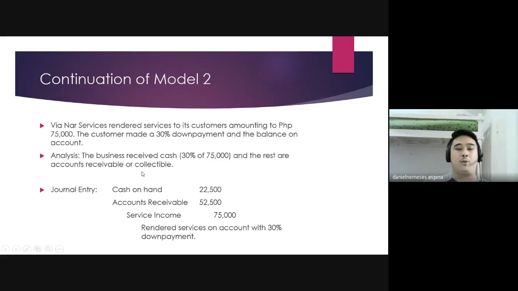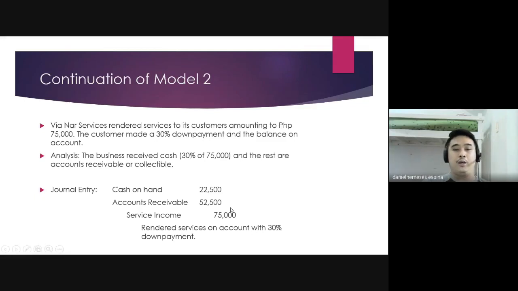So this is an example of a compound entry. To save space, of course, it is better to use a compound entry. But if you want simple entries, you can also do that. In simple entries, you debit cash on hand 22,500, credit service income 22,500.